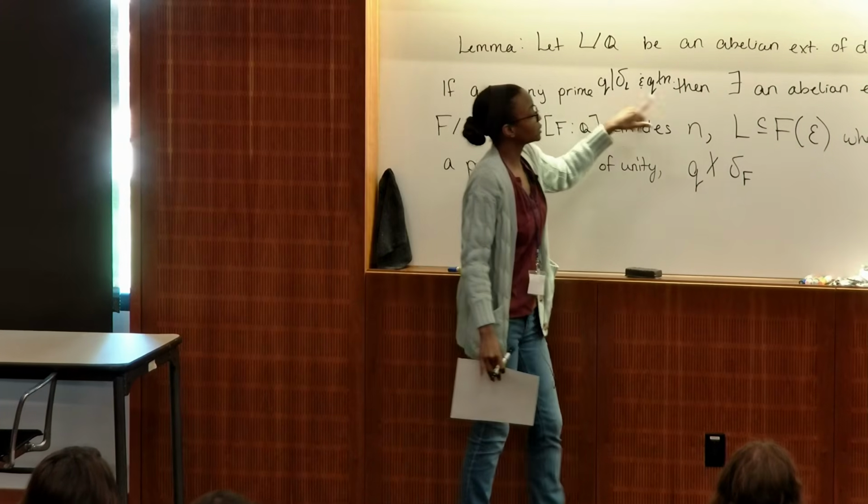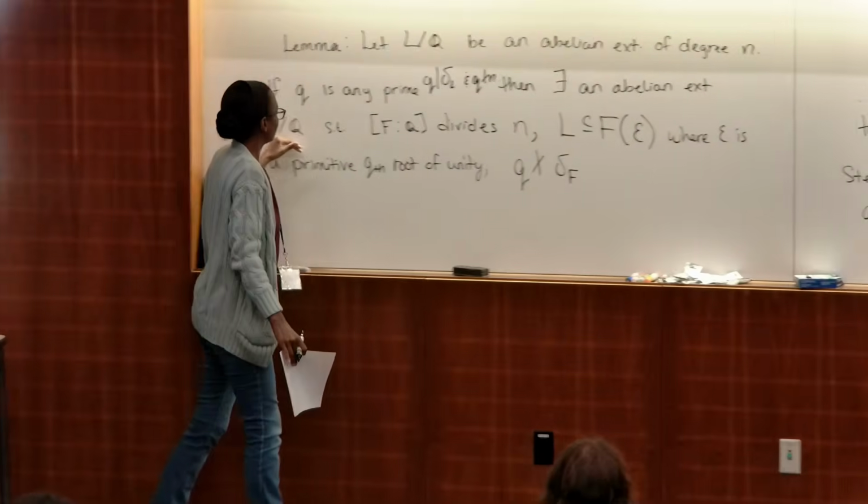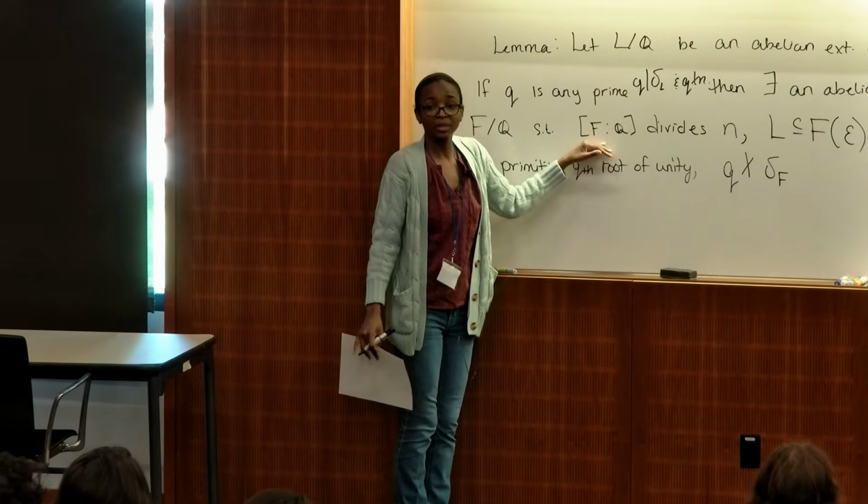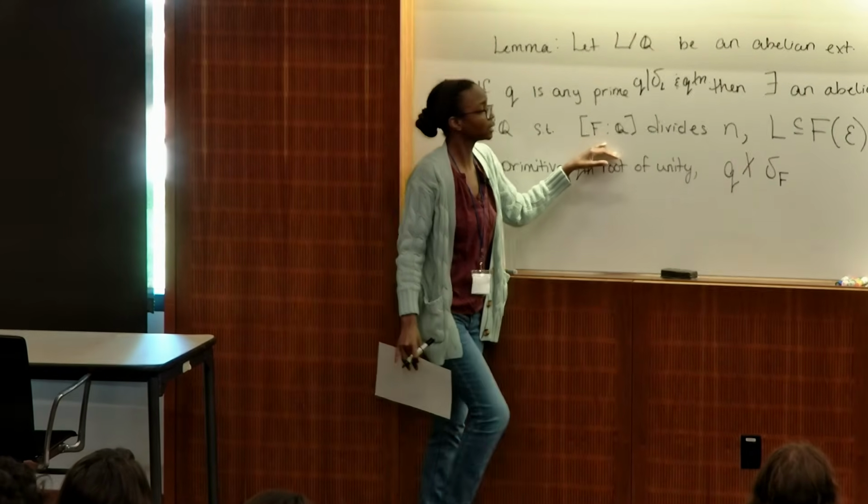And so what I'm going to do is find an abelian extension, F over Q, where the degree of F still divides n.